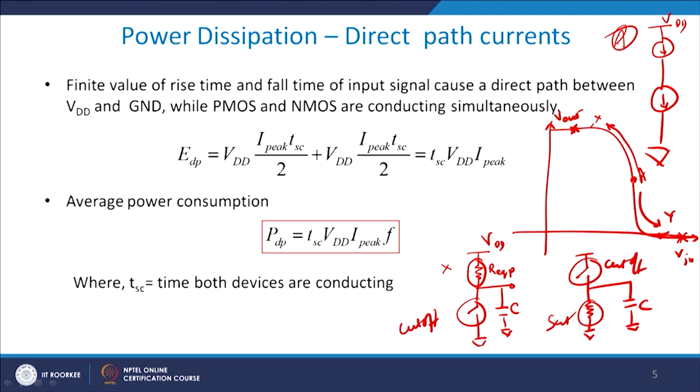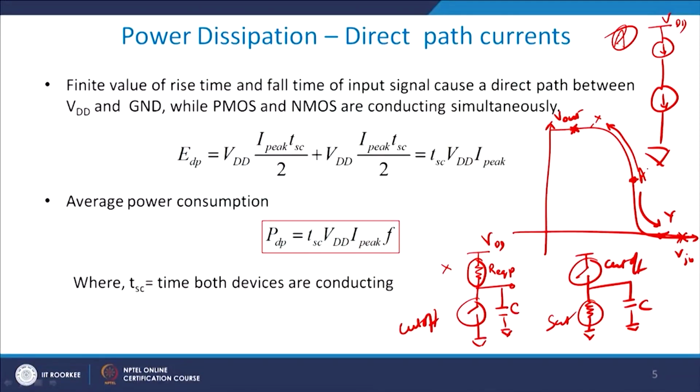But if you are working at A, then you do have a direct path between the VDD and the ground rail. Please understand this properly: at point A, both the devices are in the saturation state.